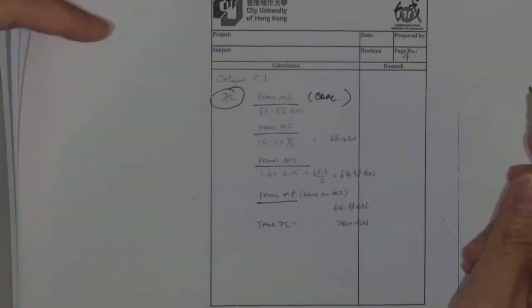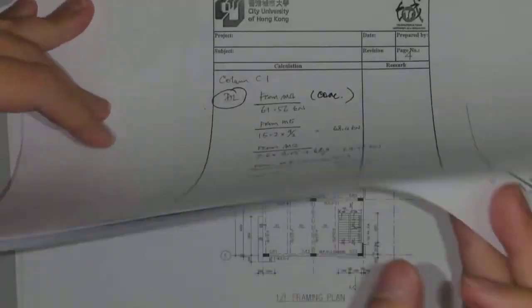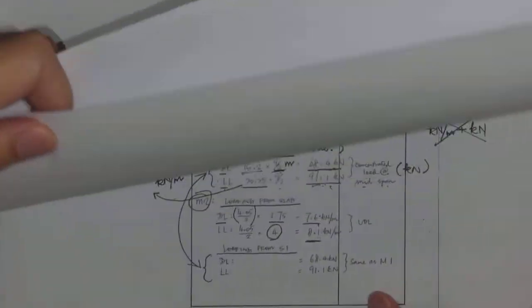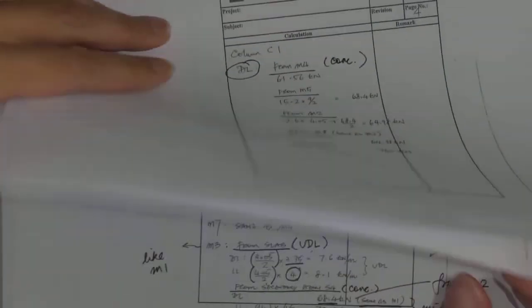From M4, so you go back and look at what is M4. Where's my M4 calculation? M4 here.